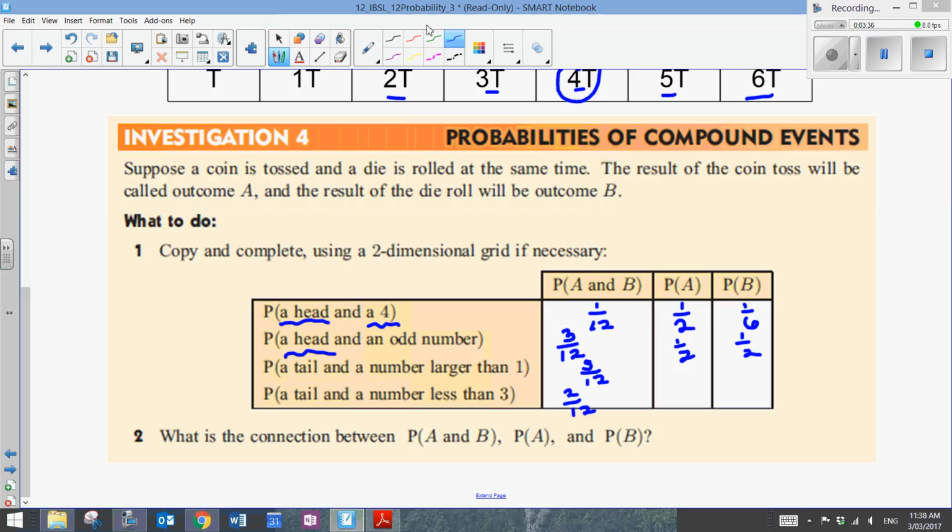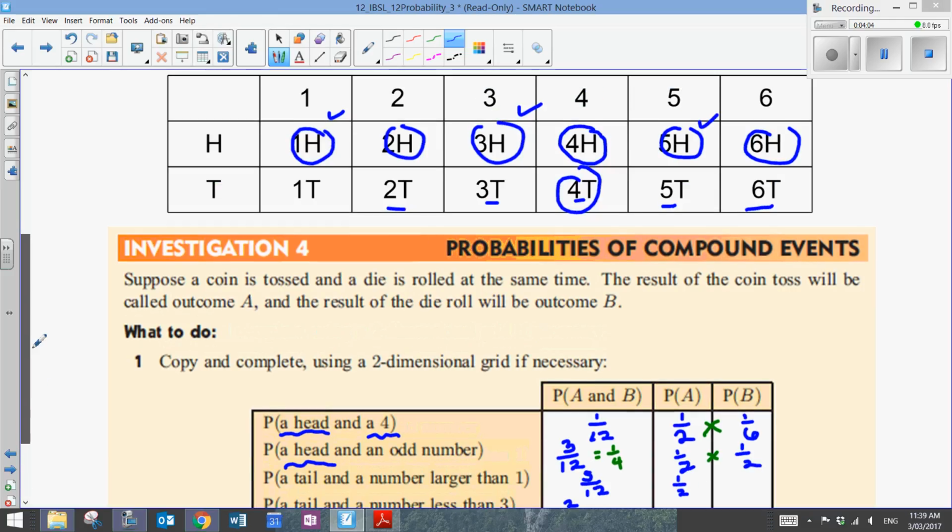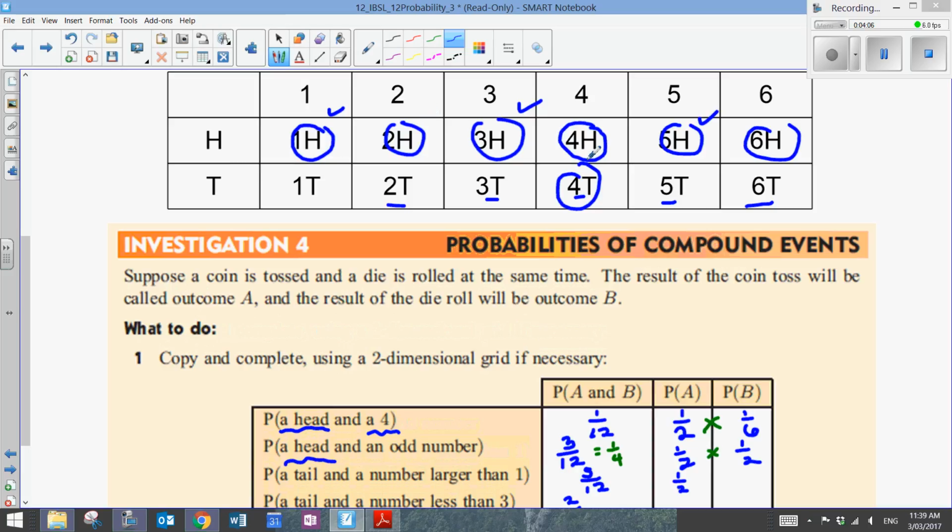All right, so already we're starting to see a pattern. If I have my event A probability and event B probability, 1/2 times 1/6 makes 1/12. 1/2 times 1/2 makes 1/4, which is what 3 over 12 reduces down to. Let's see if this holds true for the next two. My probability of a tail is 6 out of 12, so that's 1/2. A number larger than 1 would include 2, 3, 4, 5, 6.